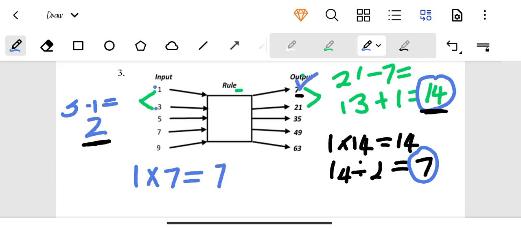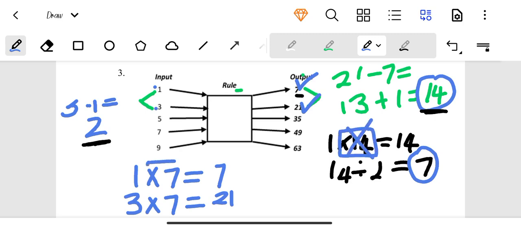The next one, we have 3, so 3 multiplied by 7 is 7, 14, 21. So the answer is 21, and we can see that the output is correct. So the rule is not multiplied by 14, but multiplied by 7. And then you are done. I hope this made sense.